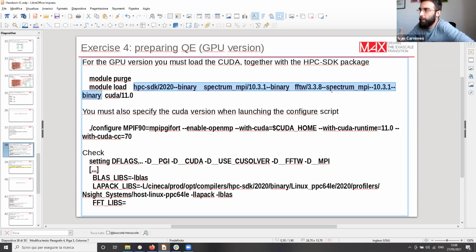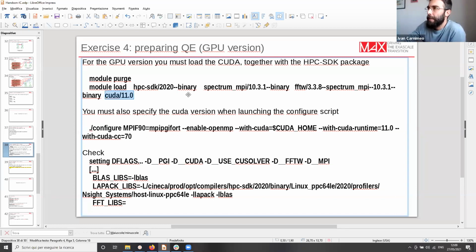And CUDA here, because this is the real difference between the CPU and GPU environment setup, because CUDA allows us to really use GPUs.